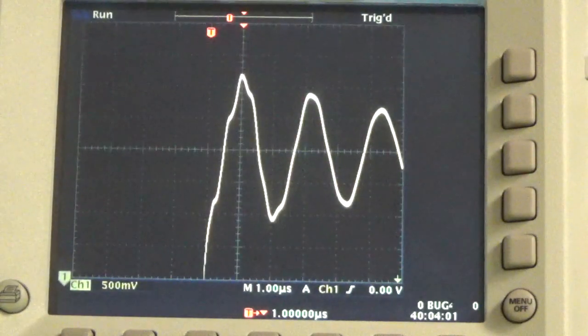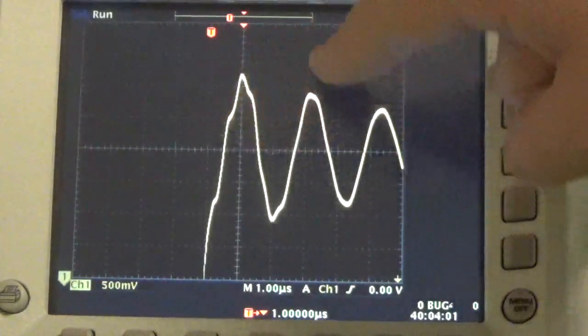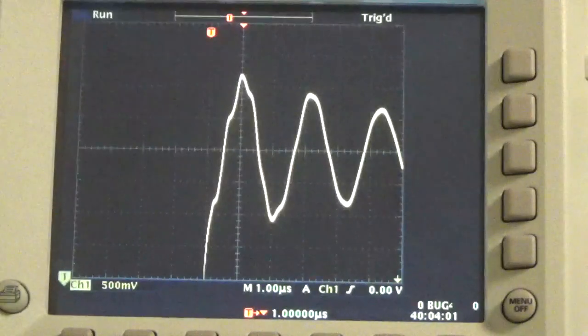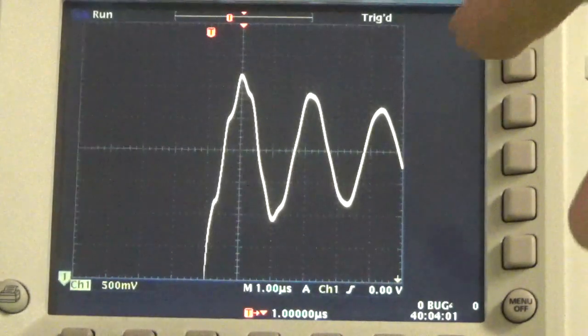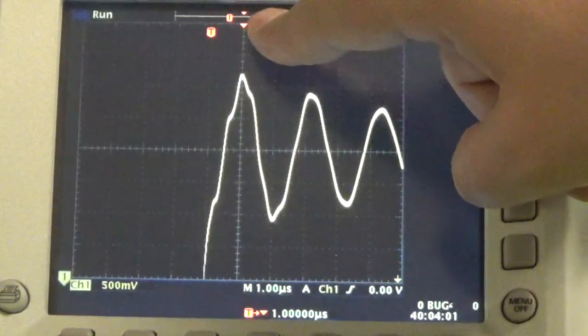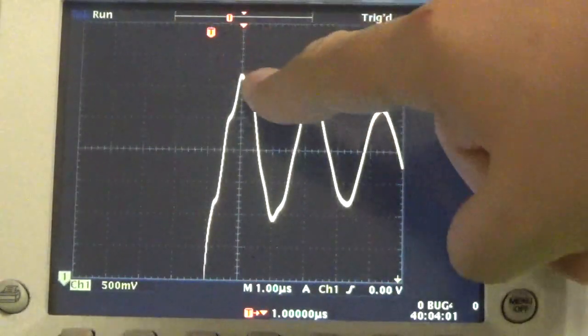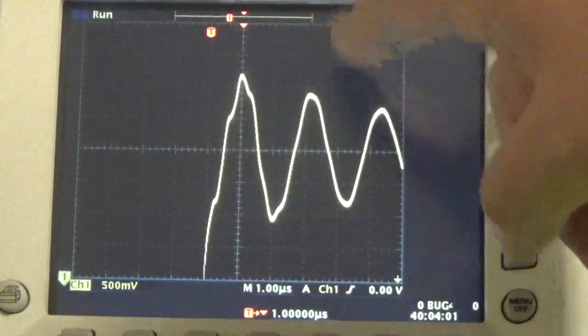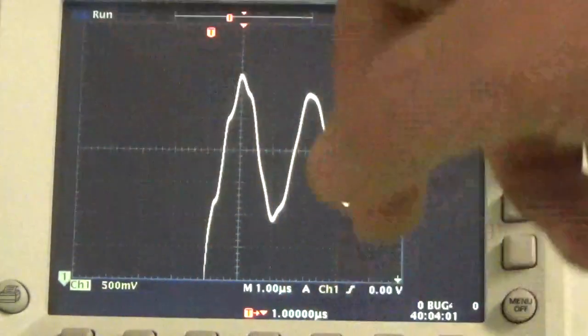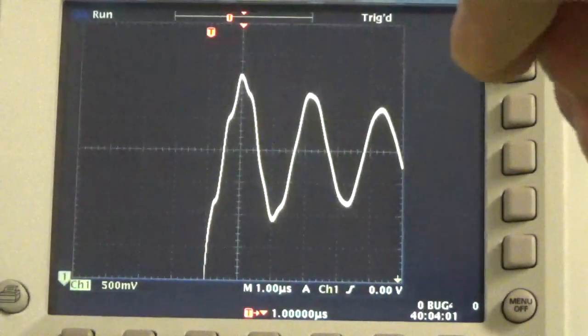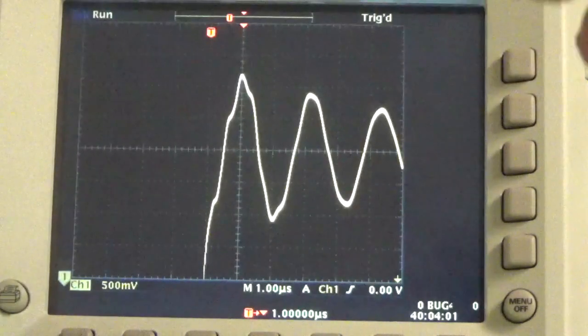So we have 2.1 times 1 microsecond. This is the periodic time. And to get the frequency, you just need to take the reciprocal of the periodic time. So the frequency is equal to 1 divided by the periodic time.